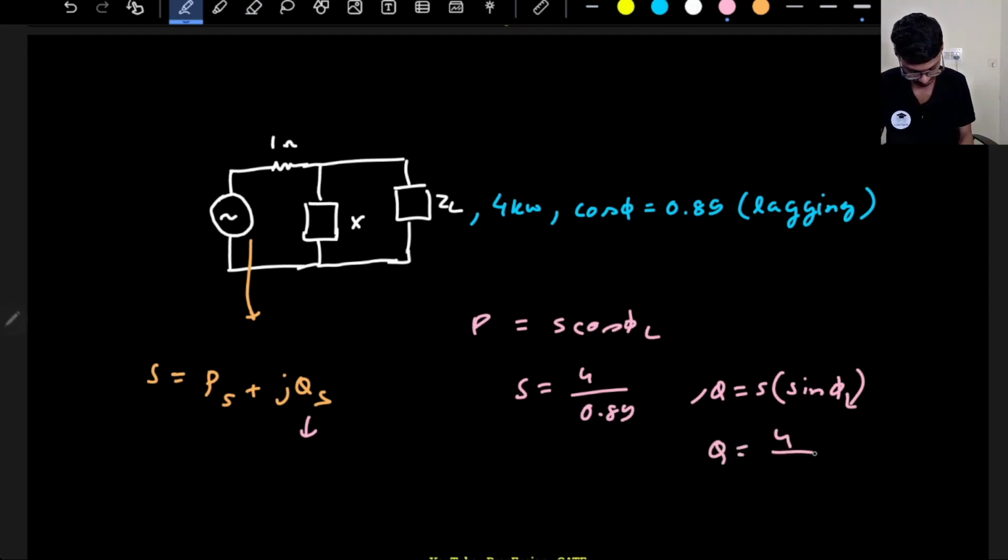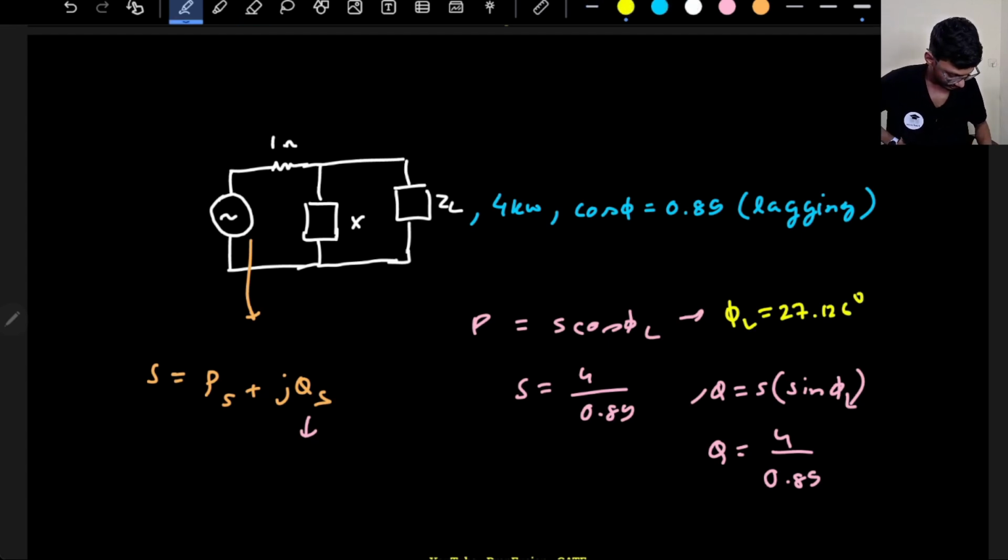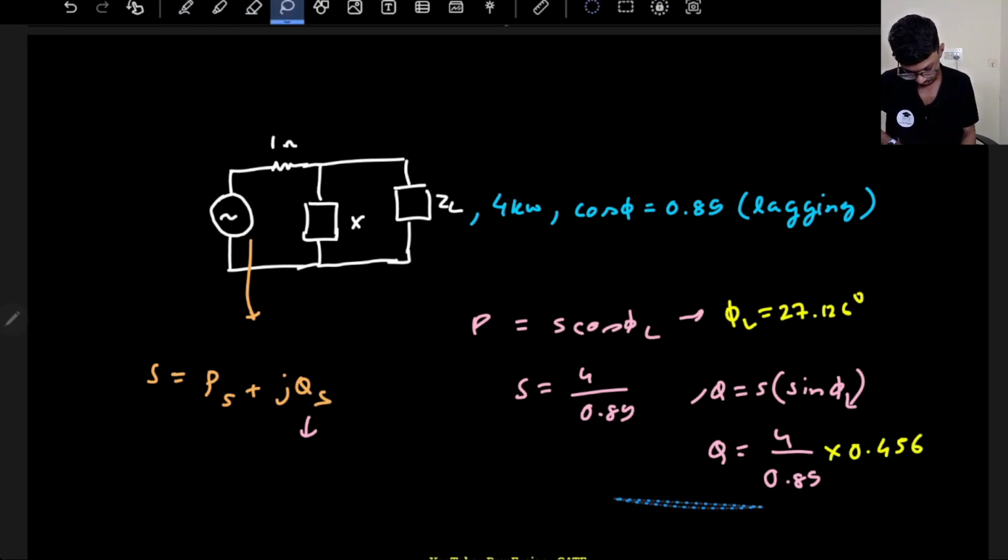Apparent power is 4 by 0.89, and cos phi L is 0.89, so easily I can find out sin phi L. Cos inverse of 0.89, the angle phi L will be 27.126 degrees. Sine of this angle will be 0.456.